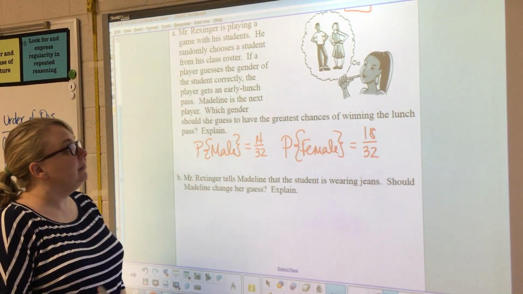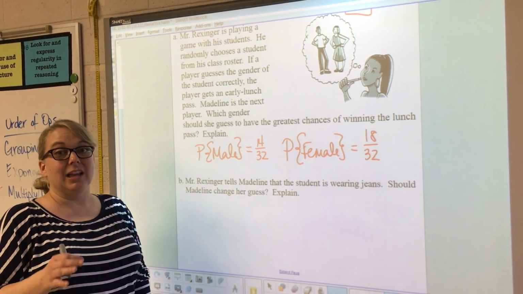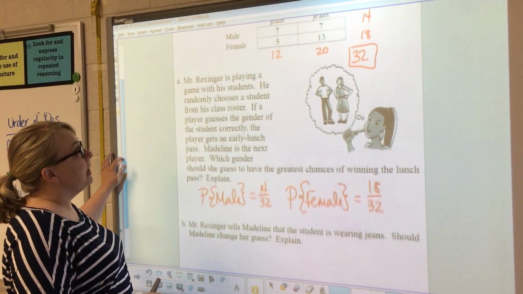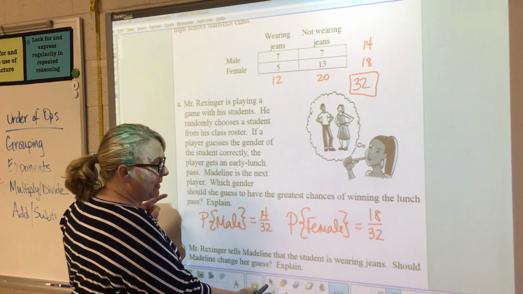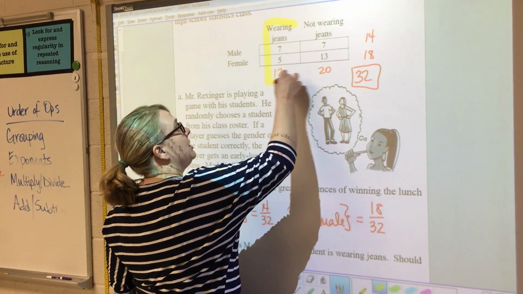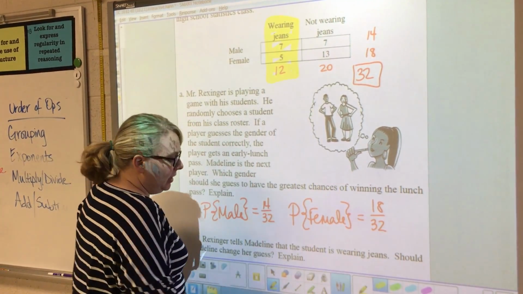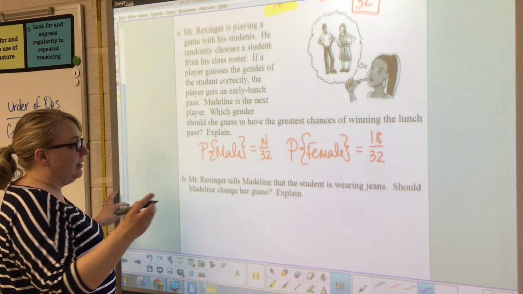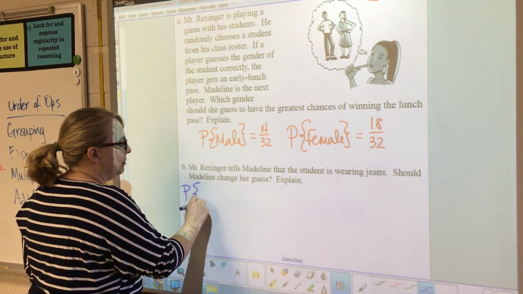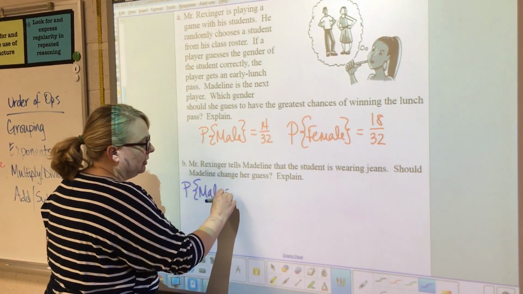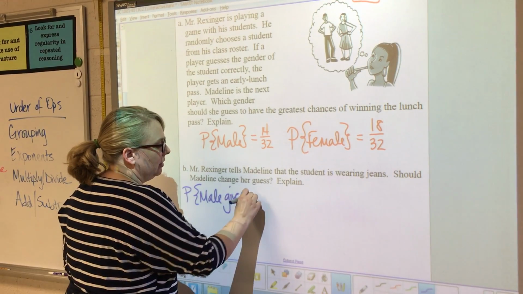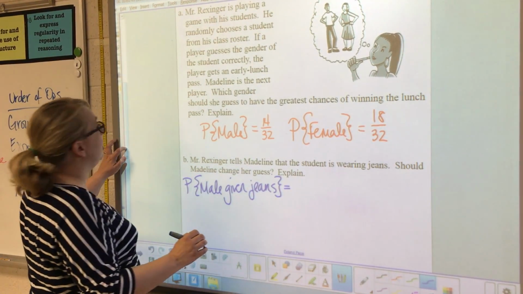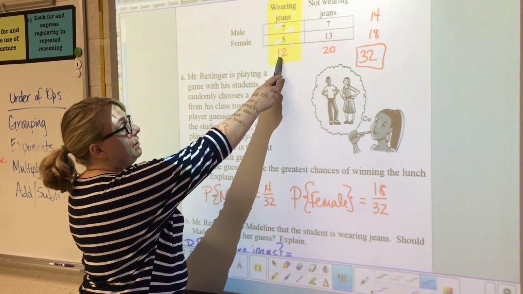Now he tells her the student I'm choosing is wearing jeans. Should she stick with female or should she switch to male? So I'm going to look back. Now I know my sample space is changing. Now it's just the students wearing jeans. So let's see what the probability of it being a male given that they're wearing jeans. Our sample space has changed, so it's no longer out of the 32, now it's out of the 12.